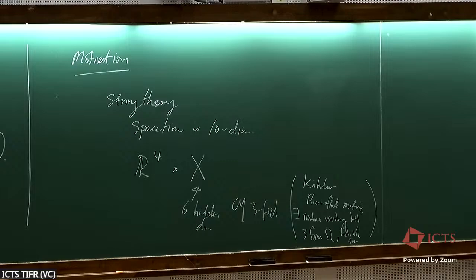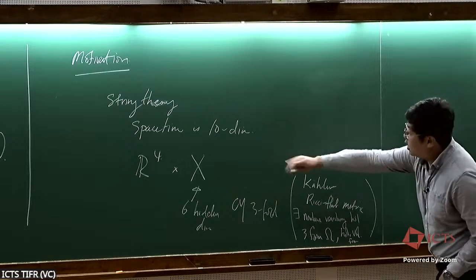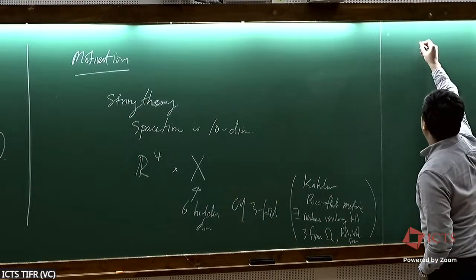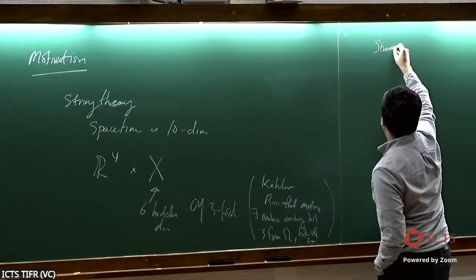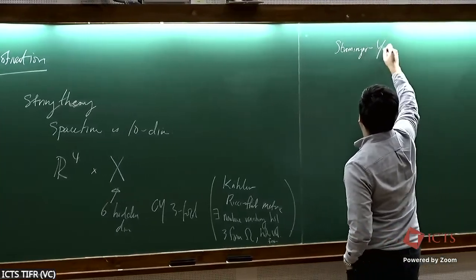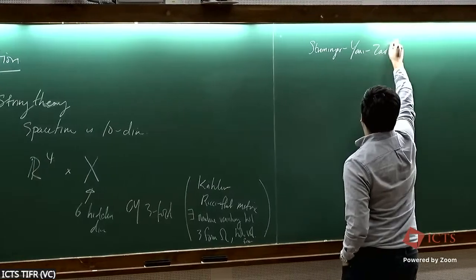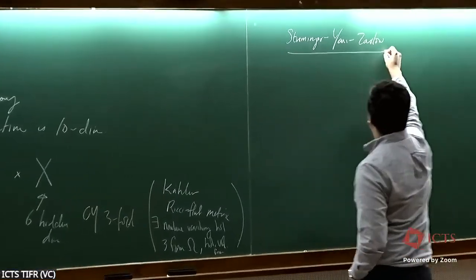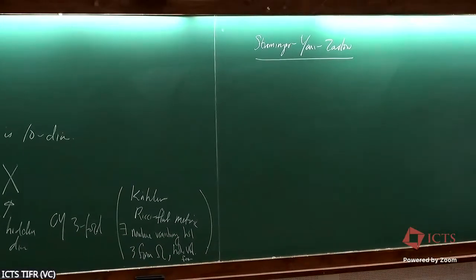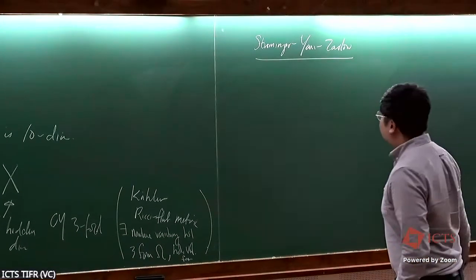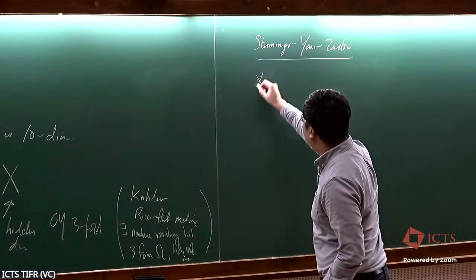And this thing in string theory led to the following SYZ conjecture, the Strominger-Yau-Zaslow conjecture. I'll just draw a picture because the emphasis of this talk is not on the SYZ conjecture or Calabi-Yau threefolds.